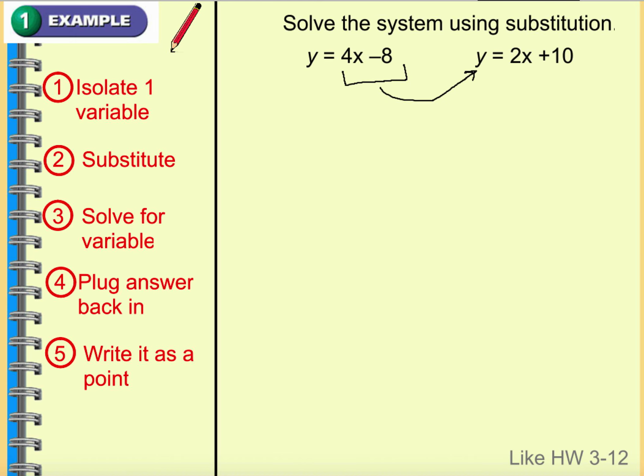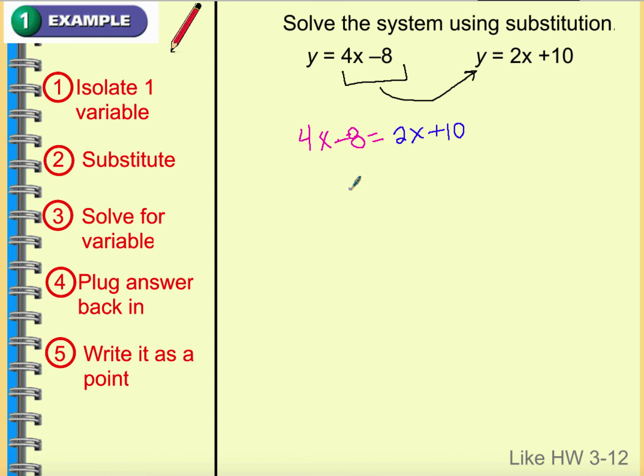So that is what I'm going to do. I'm going to say 4x minus 8 is equal to 2x plus 10. And then this is an awful lot like our warm-up problem at the beginning.